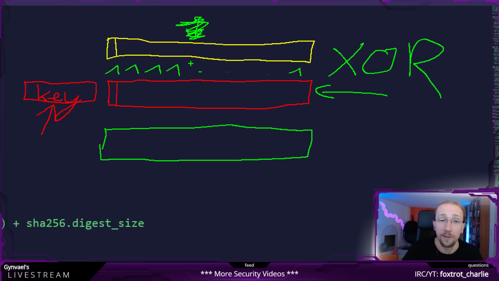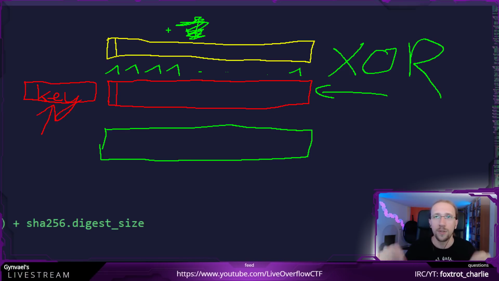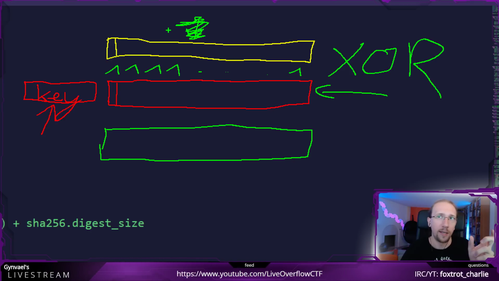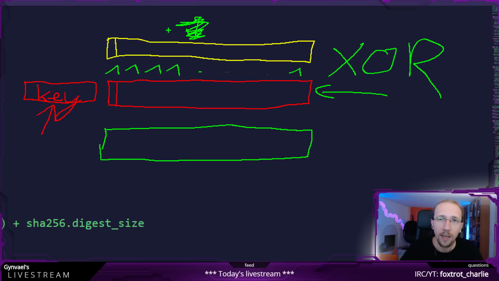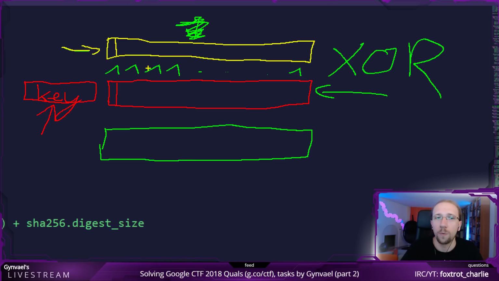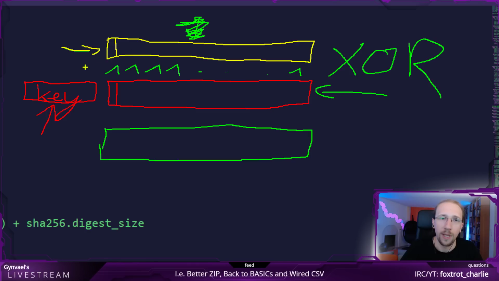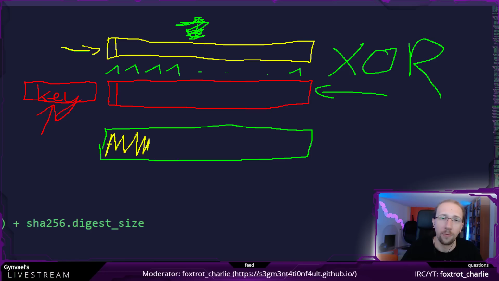That being said, if we know some of the data, and it's a PNG file, right, so we will know at least the header, we will know the end, and we might guess some strings in the middle of a PNG file because of how the PNG file is constructed, and I will get to that later. Given that we know the plaintext data, as in the yellow stuff here, we can XOR the plaintext data with whatever is in the encrypted file.